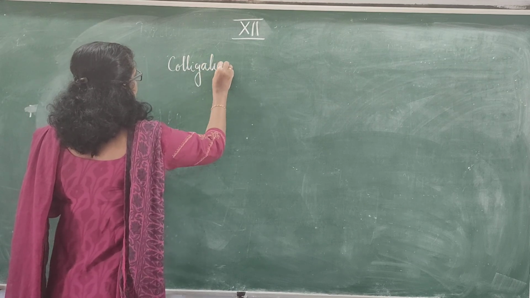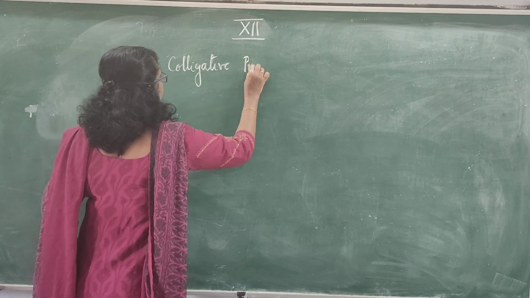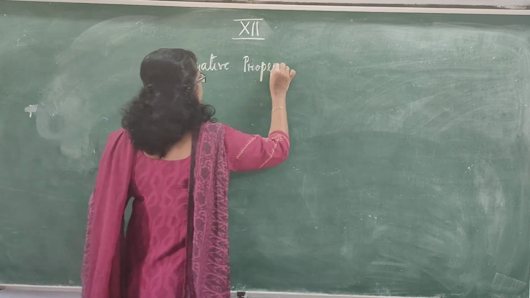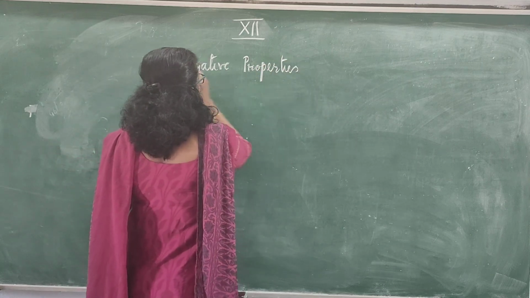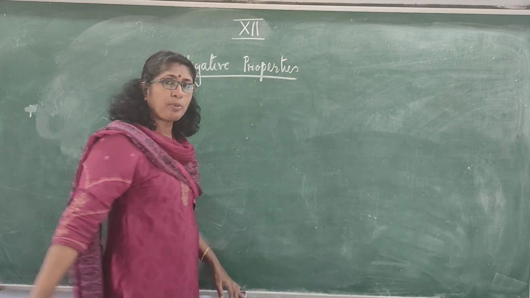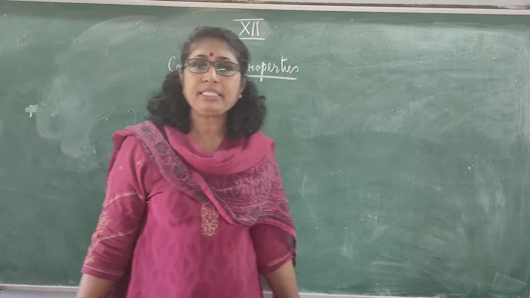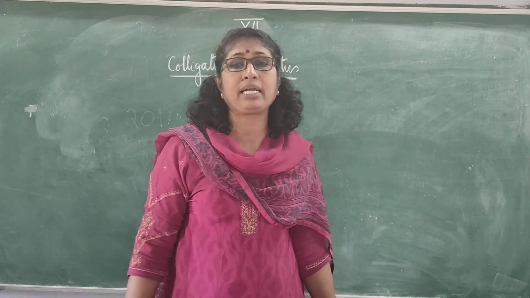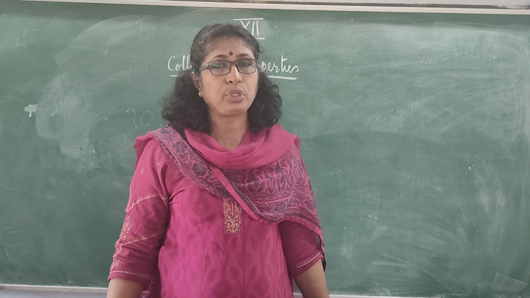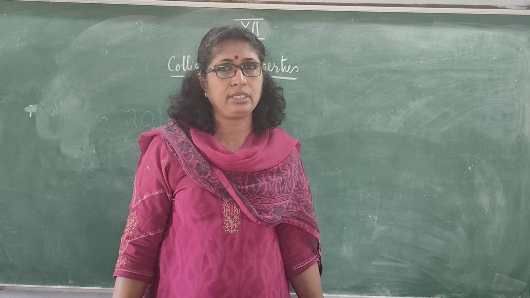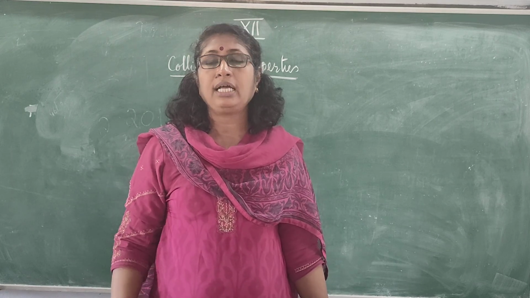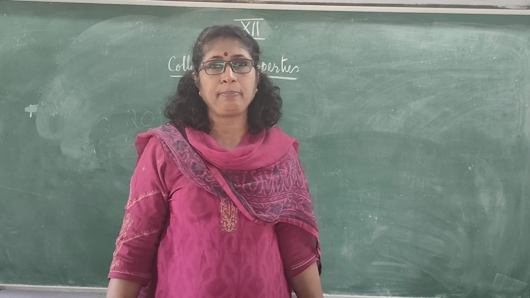Colligative properties. Now what are colligative properties? Colligative properties are those properties which depend on the number of particles of solute present in a solution. They do not depend on the nature of the particles.